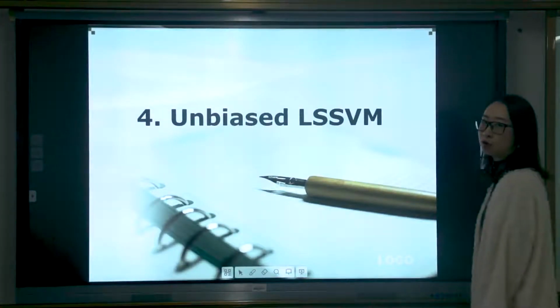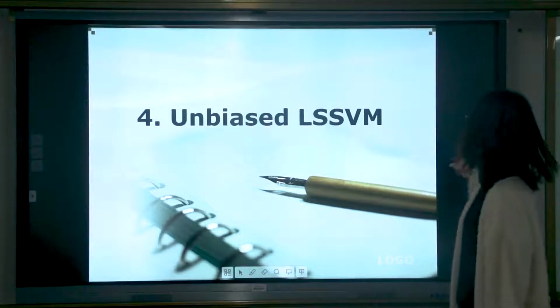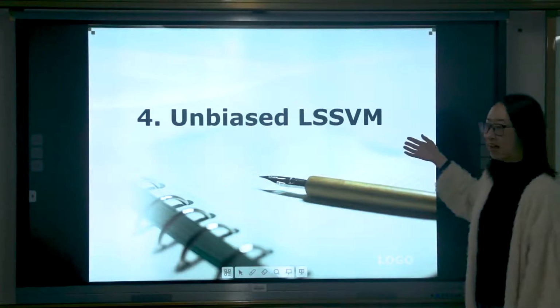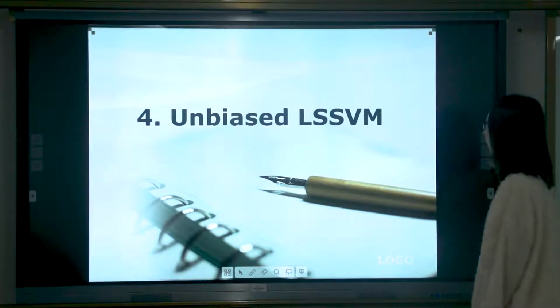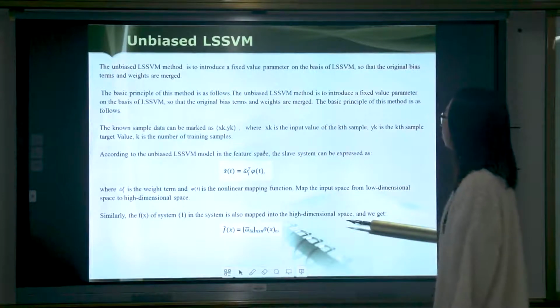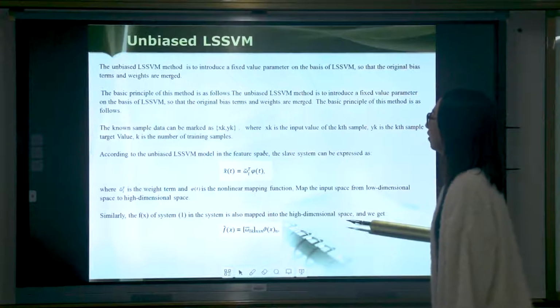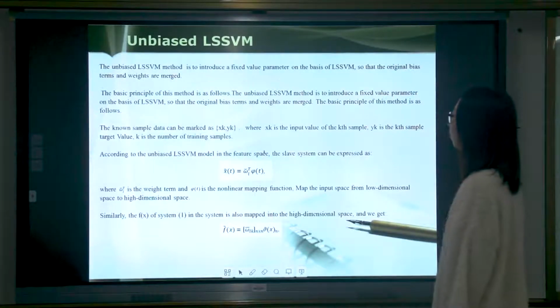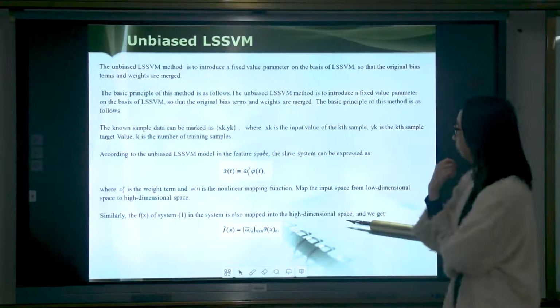So now I will introduce the algorithm, which is called unbiased LSSVM. LSSVM is a least squares support vector machine. As you can see, the unbiased LSSVM method introduces a fixed value parameter on the basis of this algorithm.